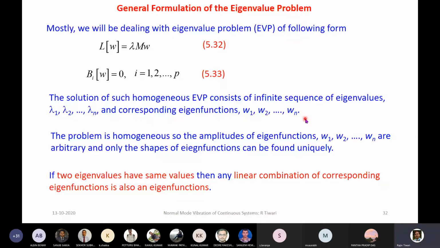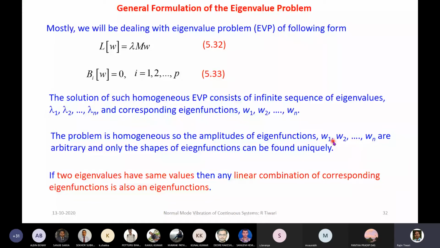As we had in the discrete system, we had the eigenvalue and the eigenvector, but there only n number of eigenvalues were there. But here we expect the eigenvalues will be infinite, and the corresponding eigenfunctions, which are nothing but the mode shapes, will also be infinite in number. The amplitude of these eigenfunctions again will be arbitrary, but the shape of the eigenfunction will be unique.